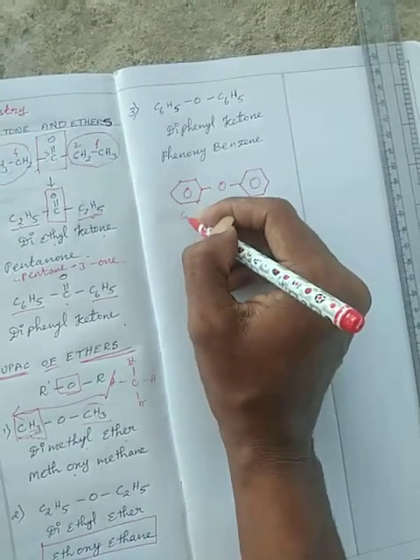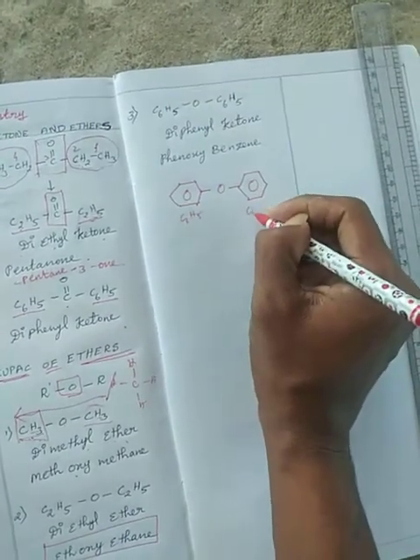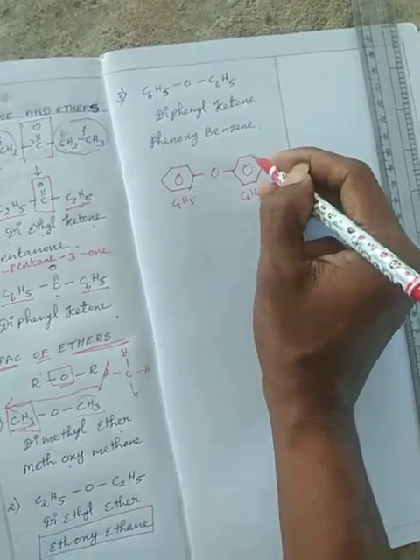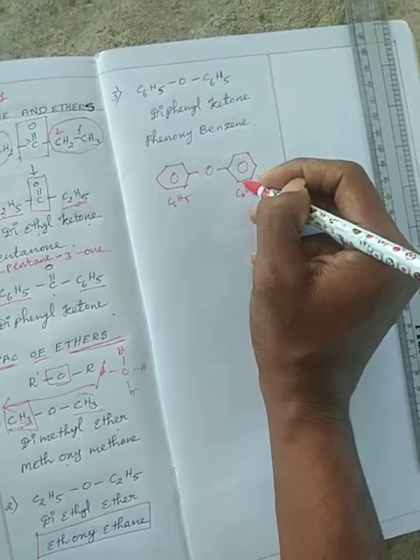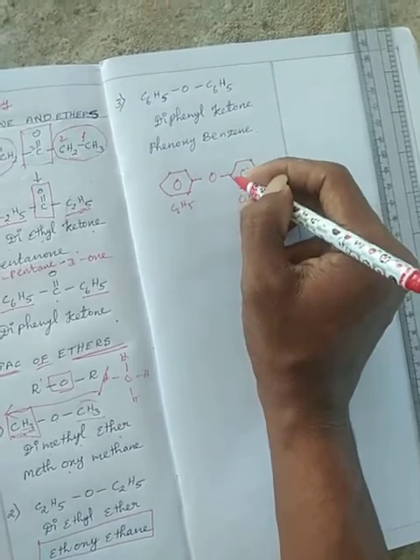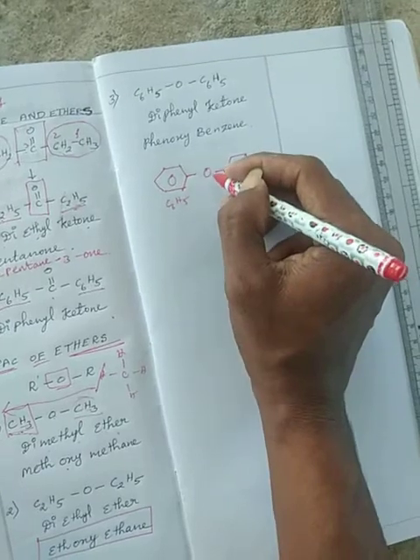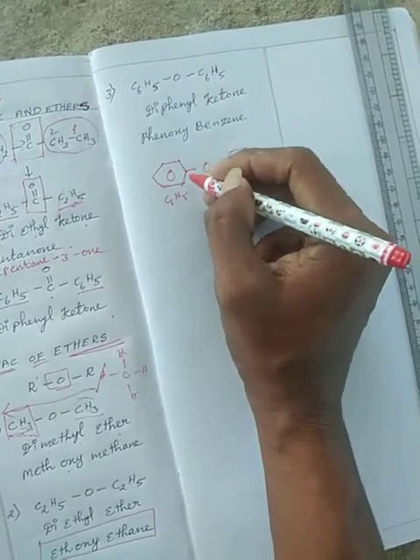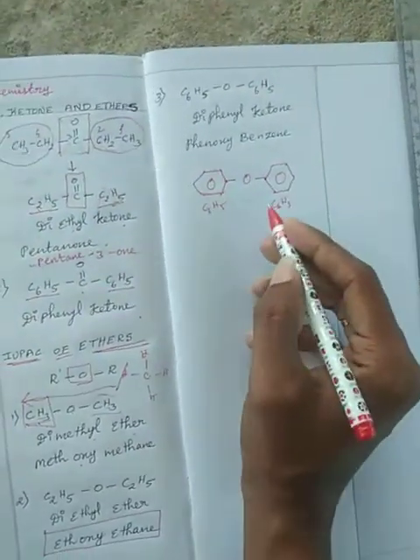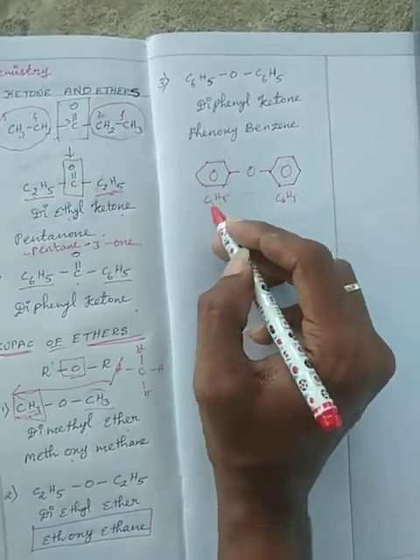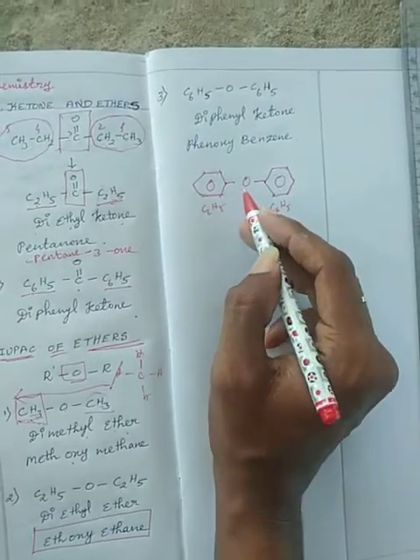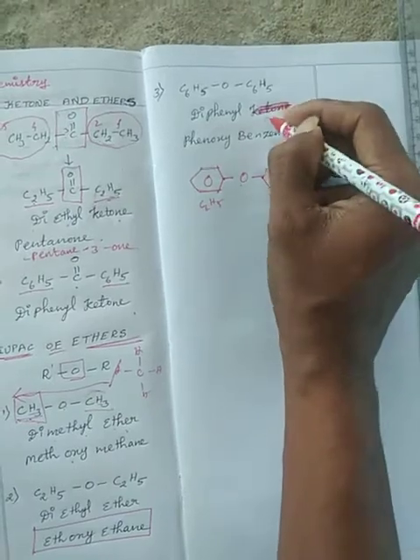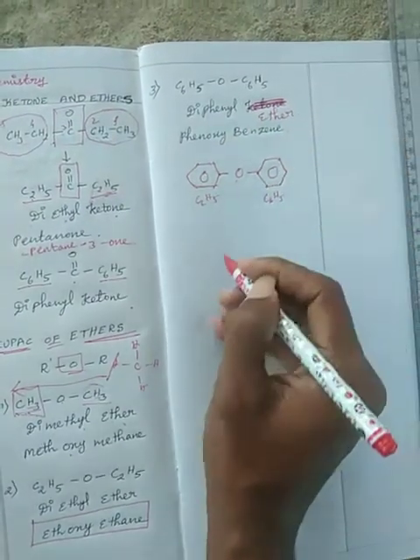This is also C6H5, this is also C6H5; every corner is 1 carbon 1 hydrogen, 1 carbon 1 hydrogen, 1 carbon 1 hydrogen, 1 carbon 1 hydrogen. Here only 1 carbon is attached to oxygen, so 6 carbons and 5 hydrogens here also. So this is diphenyl ether.